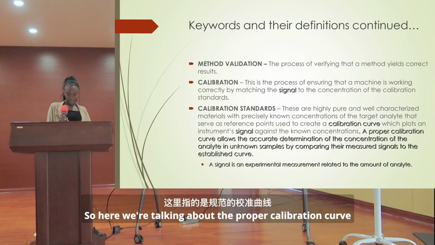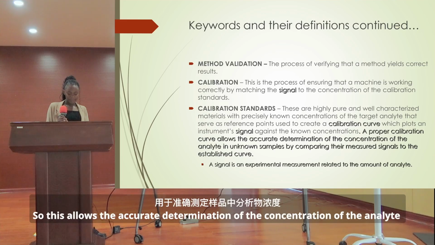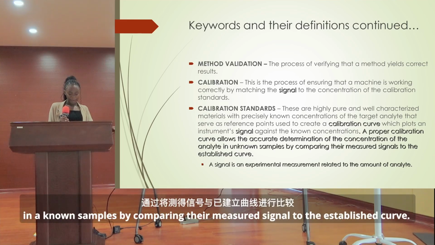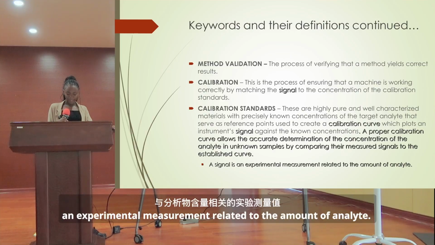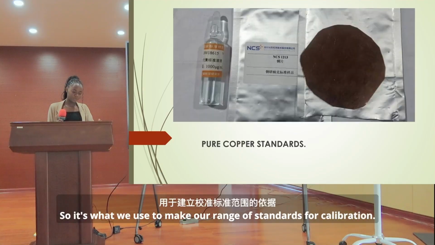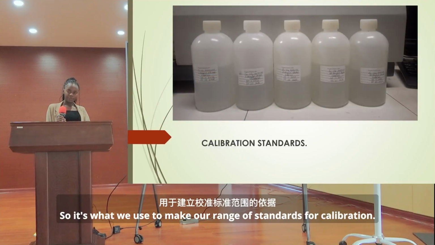This allows the accurate determination of the concentration of the analyte in unknown samples by comparing their measured signal to the established curve. Here we define a signal as an experimental measurement related to the amount of analyte. This is what we use to make our range of standards for calibration.